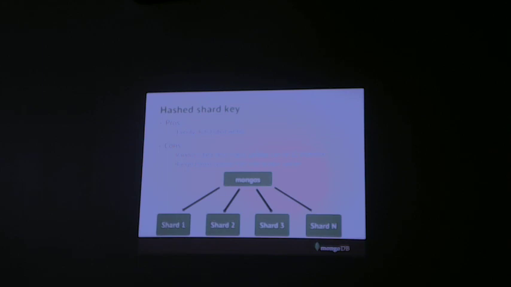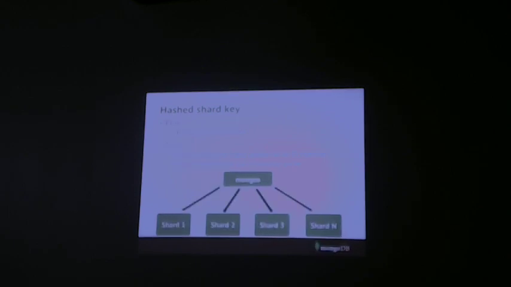So the pro of a hash shard key is it evenly distributes writes. That's good. The cons are if you update data, it can be very I/O intensive, because if I am ingesting data at a high rate and then I want to do an update, I'm going to potentially have to go to disk, get that old data that I'm updating, and bring it back into RAM. That's very expensive.